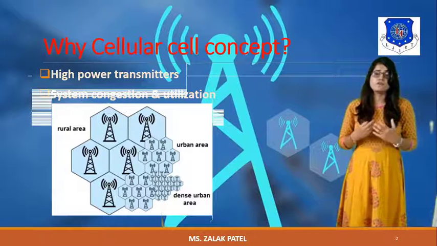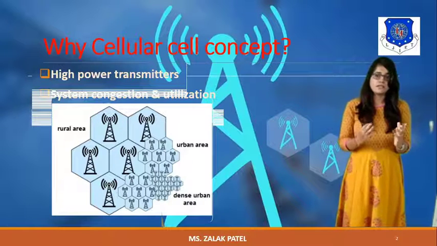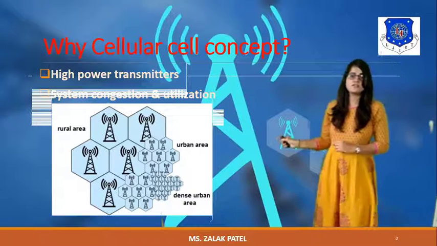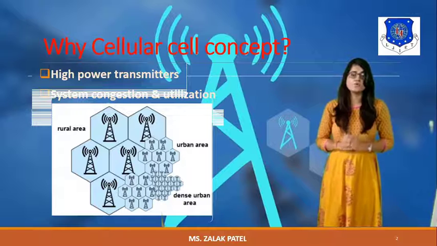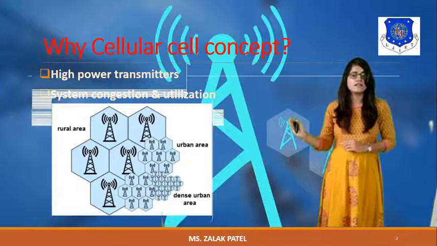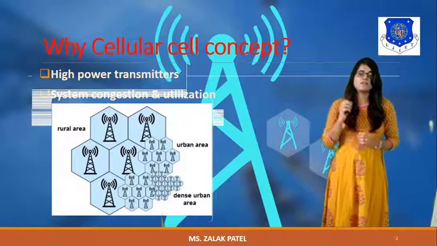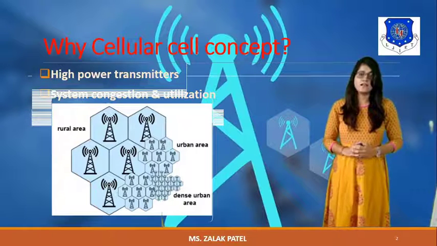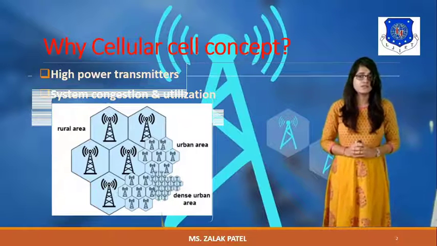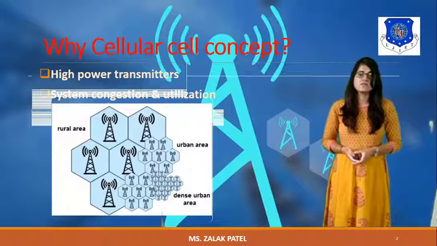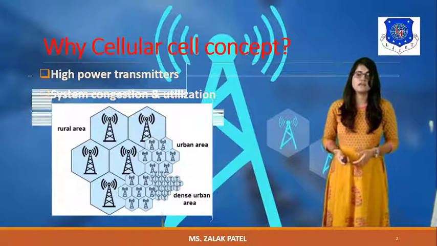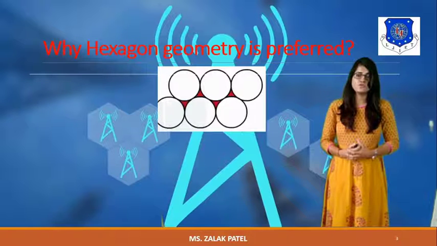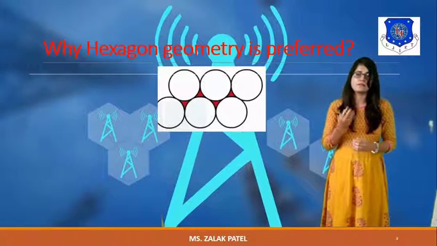So we do one thing: the one common large cell is divided into a number of small cells, and we place each transmitter in an individual cell and create a cellular system. The basic concept of introducing the cellular system is to make system utilization more proper than the older one.